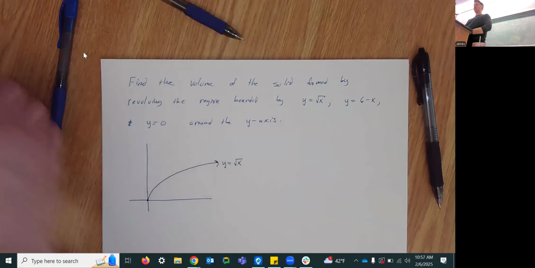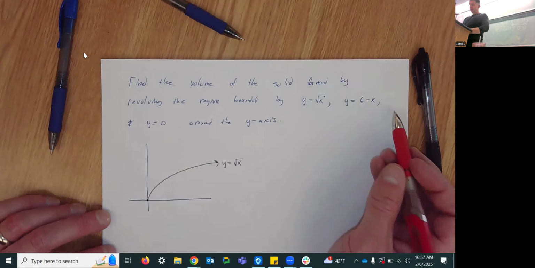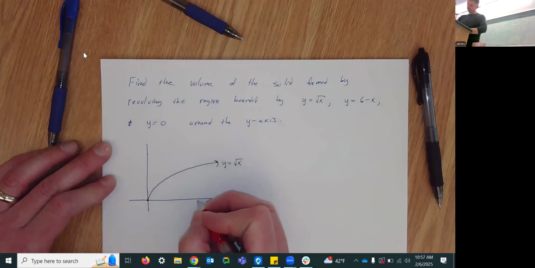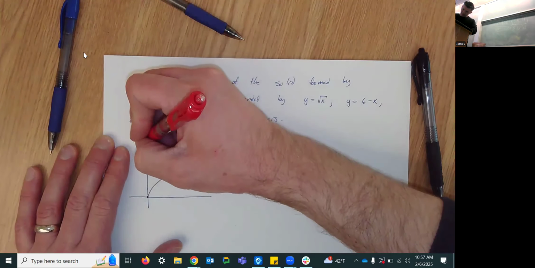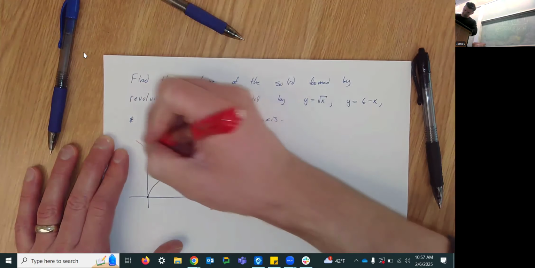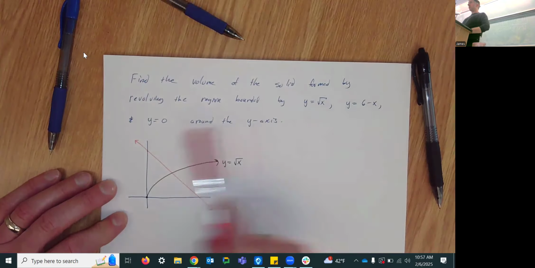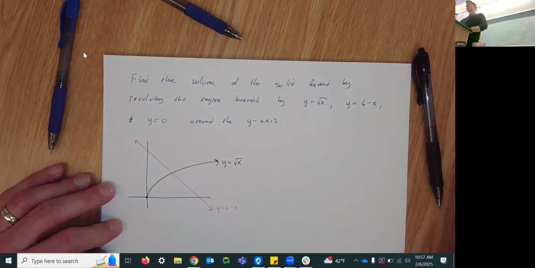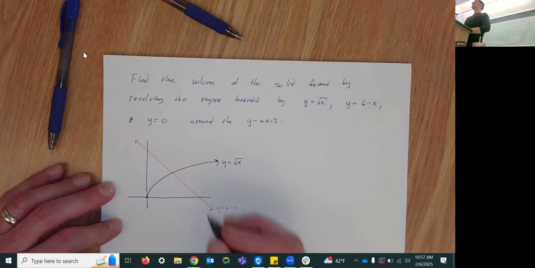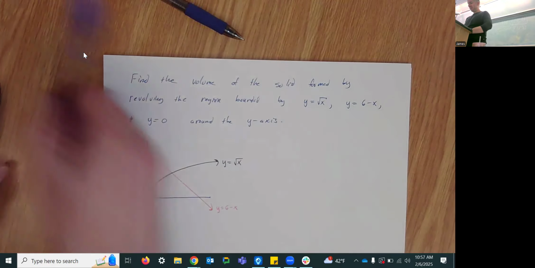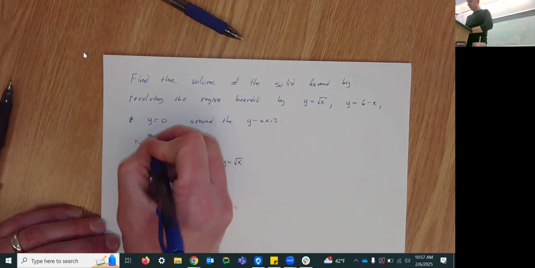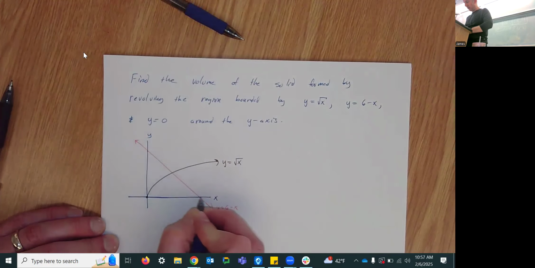It's got a y-intercept of 6 and an x-intercept of 6. So it's going to look something like this. And y equals 0 is which axis? The x-axis. So here's my y equals 0.